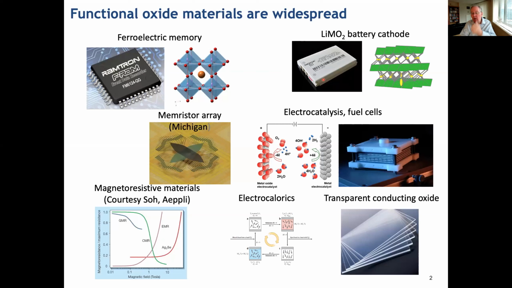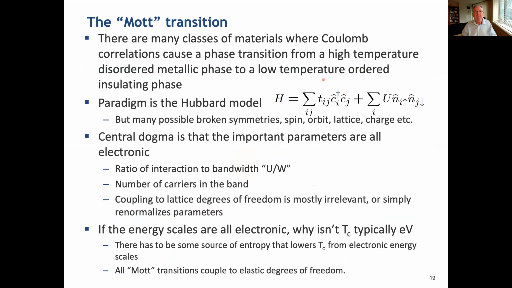One of the goals of designing materials in this space is to be able to tune their properties by chemistry or by other means, and I want to talk about that. Specifically, how you can tune something very fundamental to this class of materials, which is what I call the Mott transition.